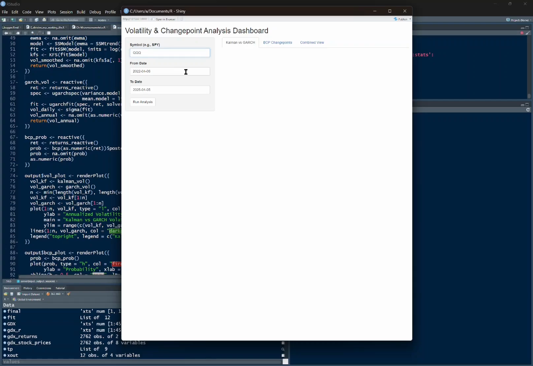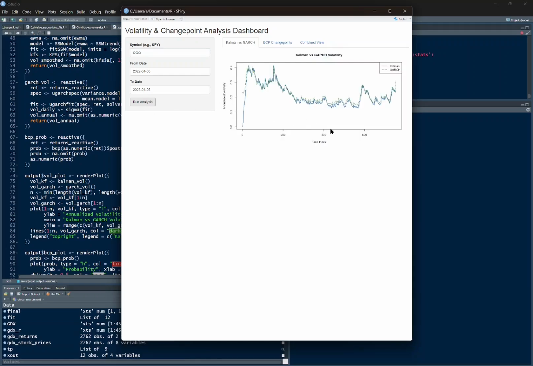And we'll leave the data from 2024 to 2025 and we'll run the analysis. You can see the GARCH and the Kalman fit pretty well, pretty close. The Kalman is the darker one and the red is the GARCH with the dots. They mirror each other, almost identical.